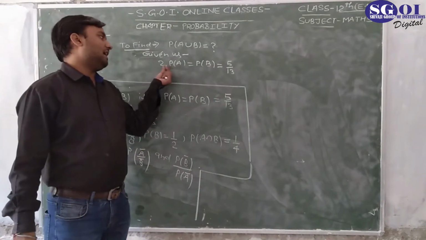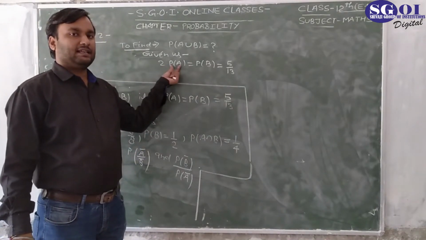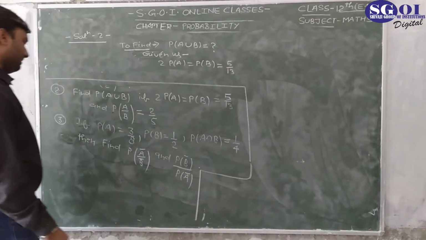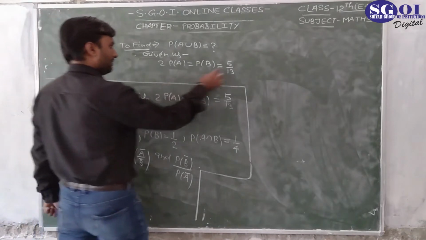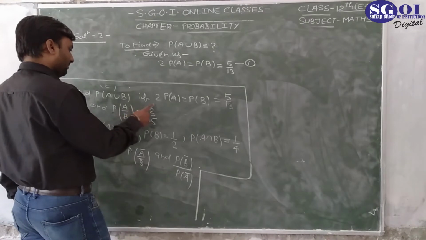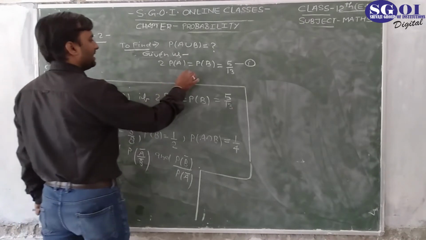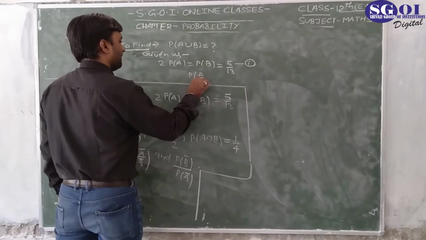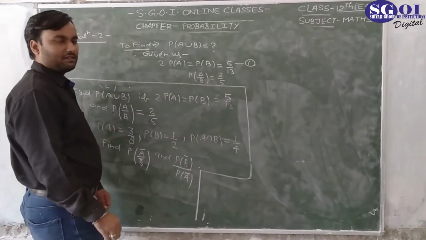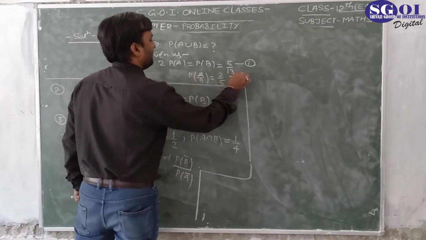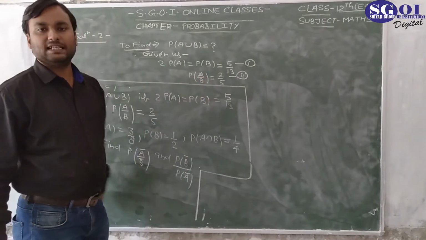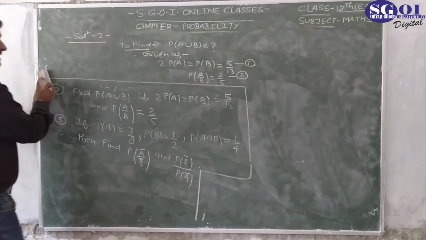And one more thing is given: probability of A by B is 2 by 5. Probability of A by B means conditional probability of A when event B has happened.